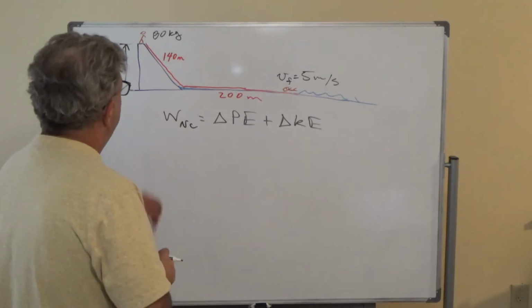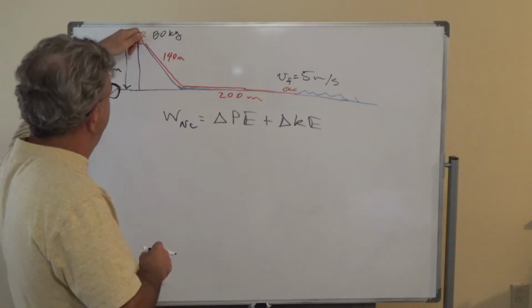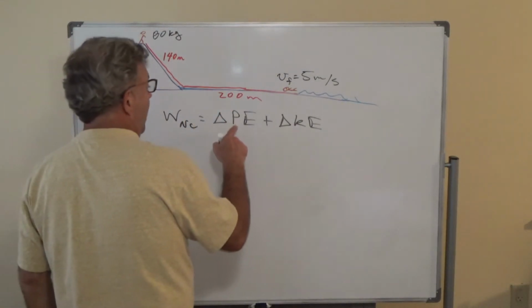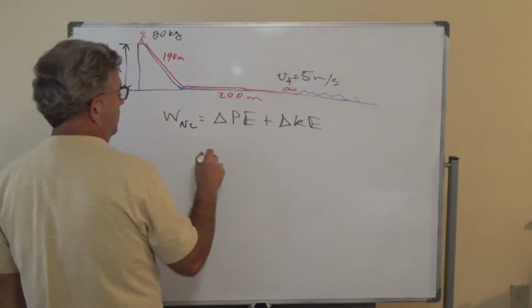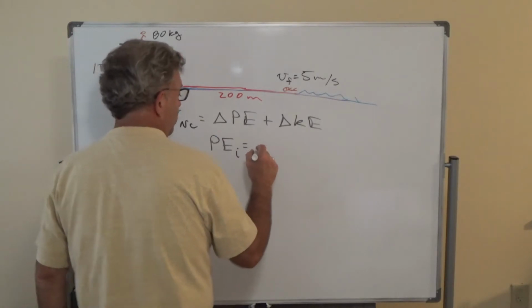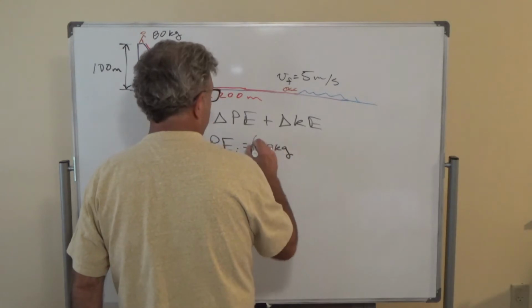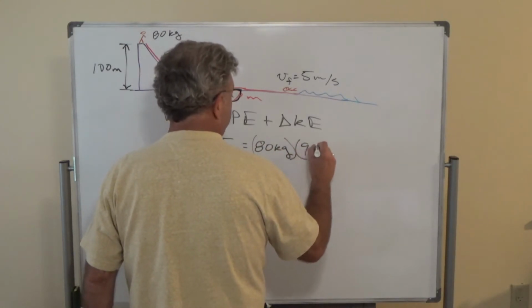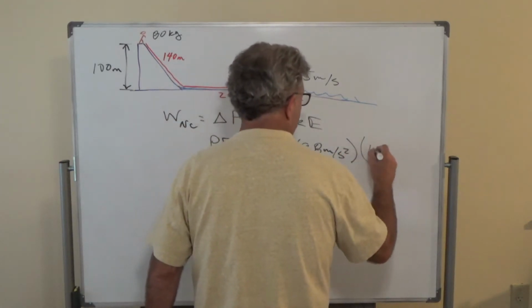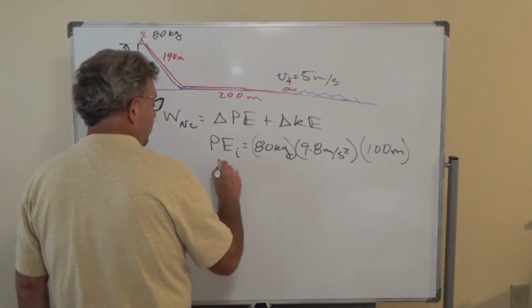Okay? So they started out from rest. They started out with an initial velocity of 0 and at height 100 meters. So PE initial is equal to 80 kilograms times 9.8 meters per second squared times 100 meters. PE final is equal to 0.